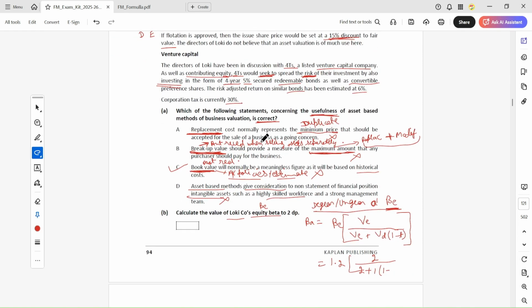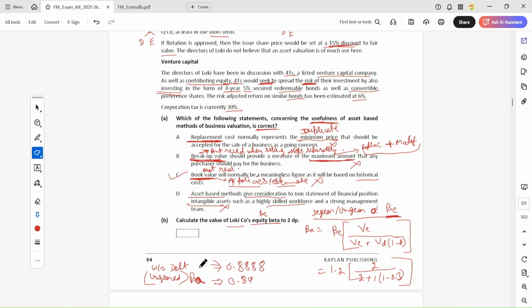The tax rate is 30%, so 0.3, and you will get the answer 0.888, or I can say 0.89. So this is the asset beta, and asset beta is the ungeared beta without debt.